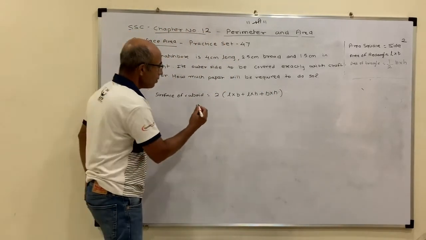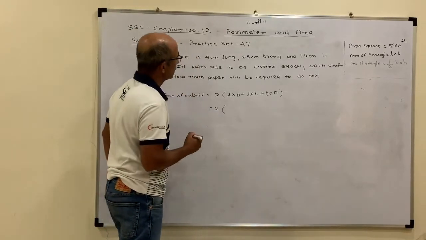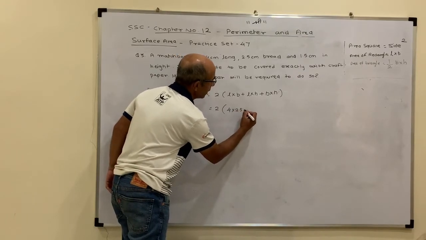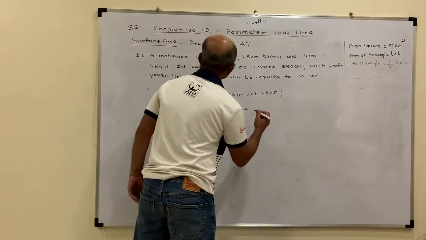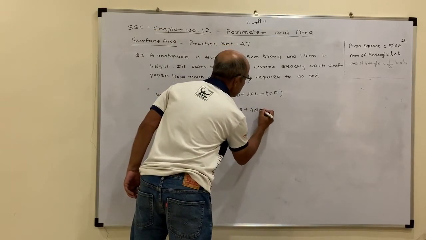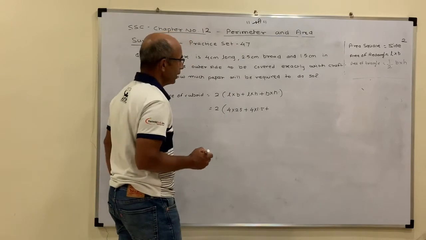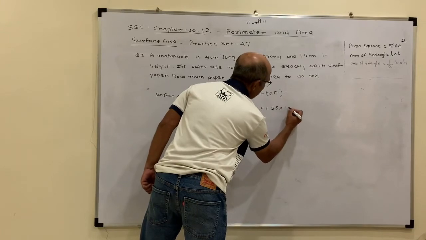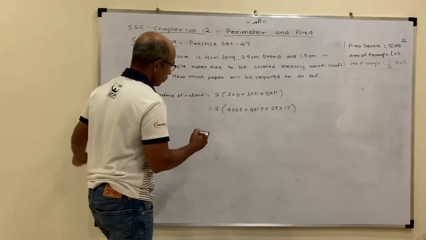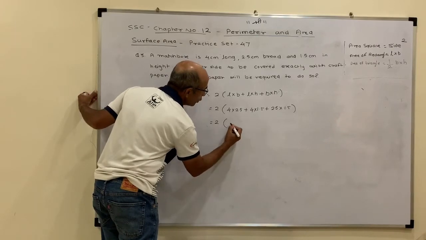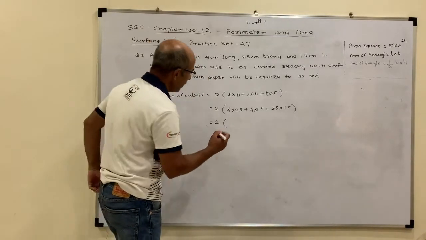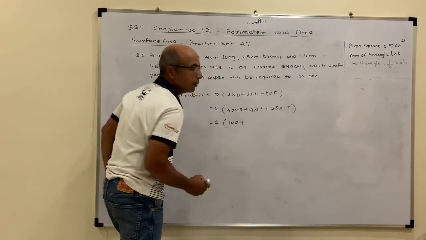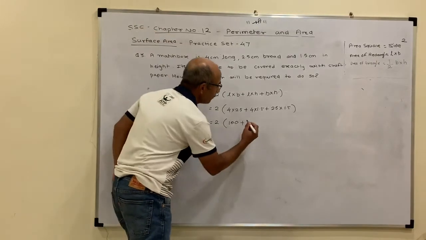So now 2 into my length, 4 centimeter, into breadth 2.5 centimeter, plus my length 4 centimeter, my height 1.5 centimeter, and then my breadth 2.5 centimeter into 1.5 centimeter. So next step, 2 into 25 fours are 100. So I write 100, 1 decimal place, so it's 10.0. 15 fours are 60.